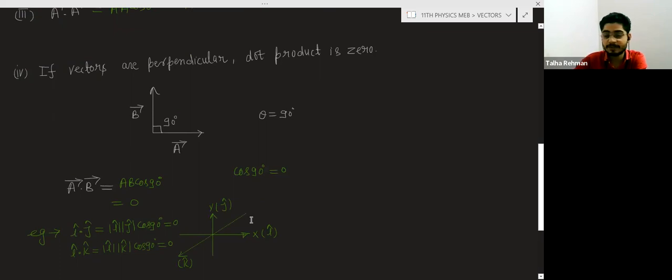Unit vectors are very important. For the direction, we use the unit vectors. Suppose if I want to show the direction along the x-axis, then I will use the I cap. And this property is important. If two vectors are perpendicular, then dot product is 0.